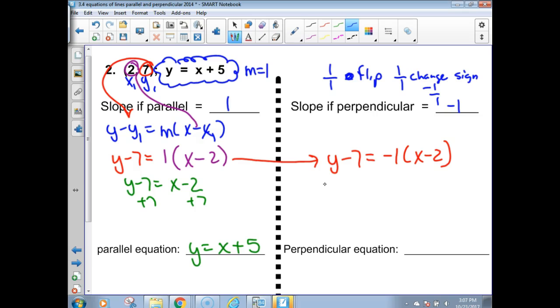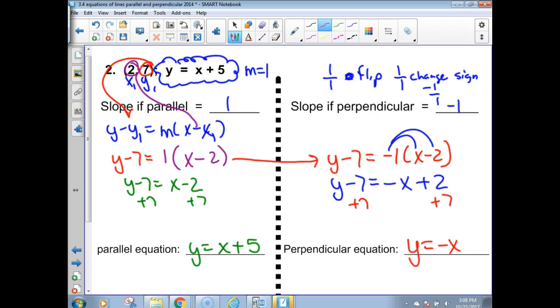Instead of rewriting all that, all we had to do is change the slope part. y minus 7, distribute the -1. -1 times -2 is +2. Okay, our next step, add 7. Well, that's a completely different equation. y equals -x plus 9.